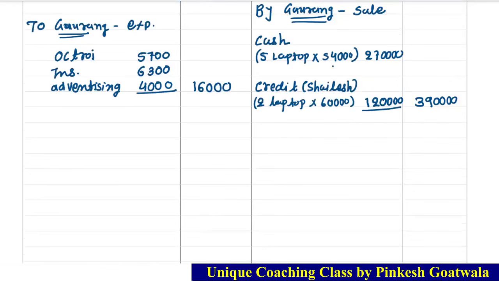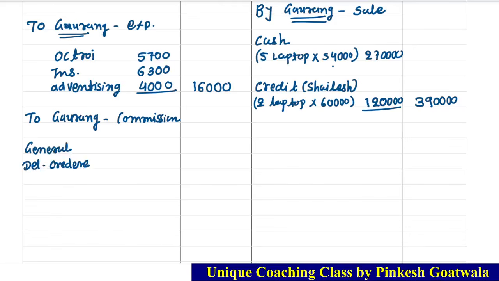So here the commission entry will be on the debit side, and this was given to Gaurang, the commission. Here we have to give two parts, general and del credere.